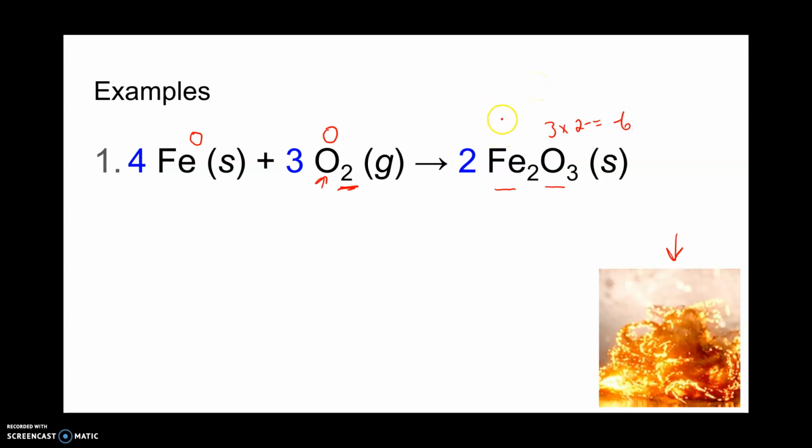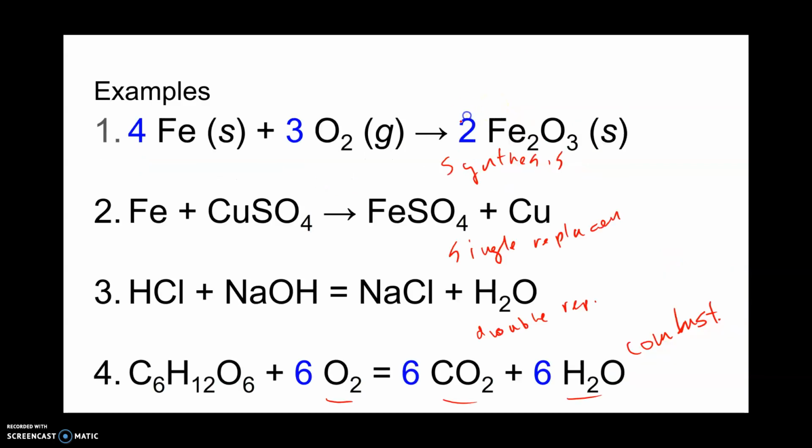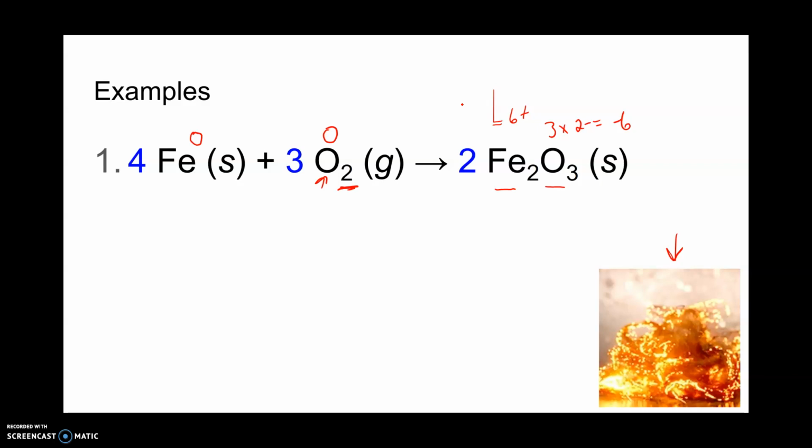That means the 2 irons here must be 6+, and there's 2 of them, so we can figure that there's 2 times 3+ to balance this compound out.